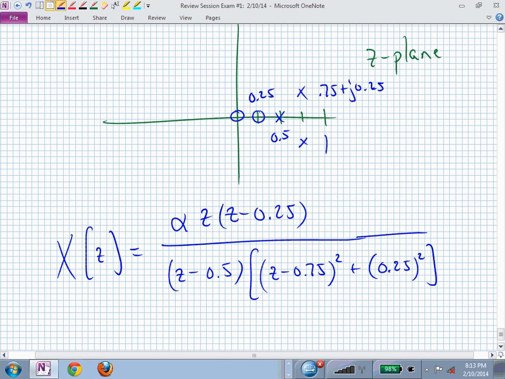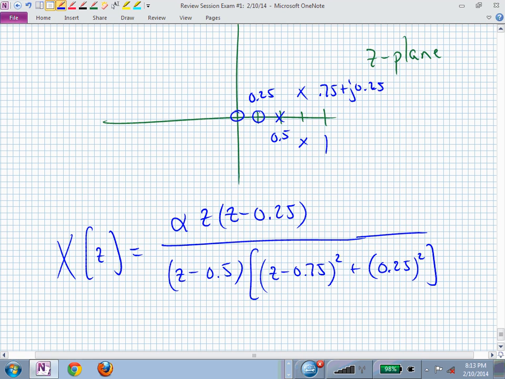What's their damped frequency of oscillation? Well, it's basically the angle associated with that complex number. How fast does it collapse or how quickly does it grow? That's the magnitude of that complex number.